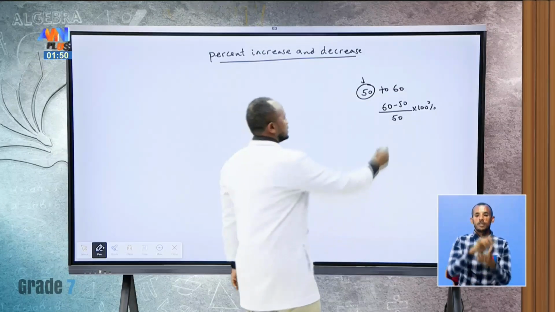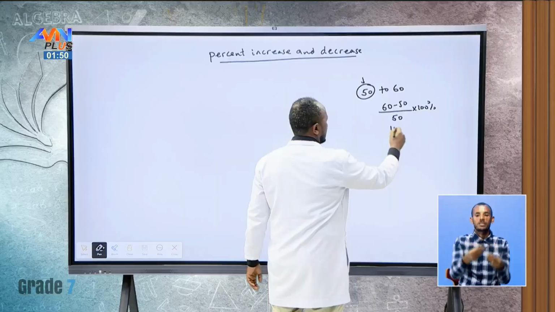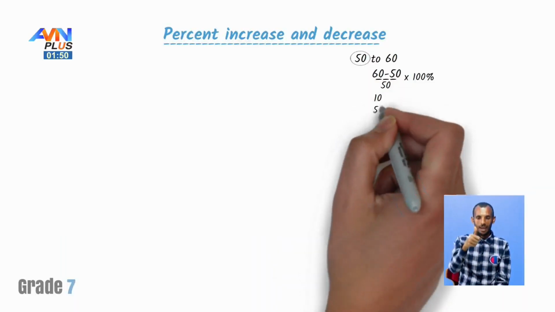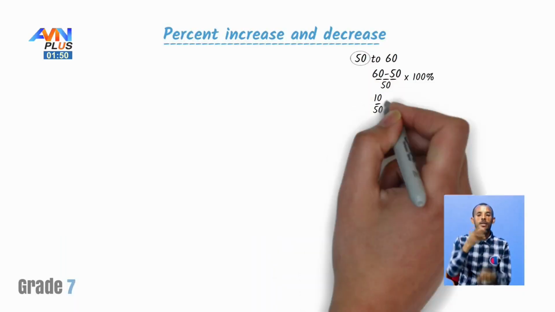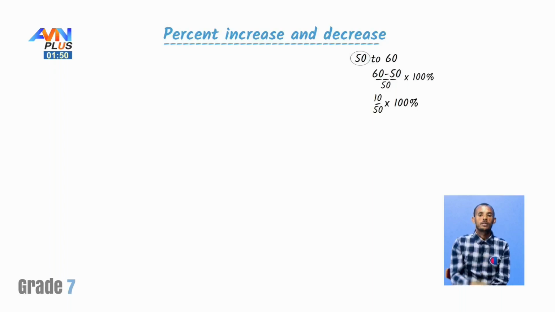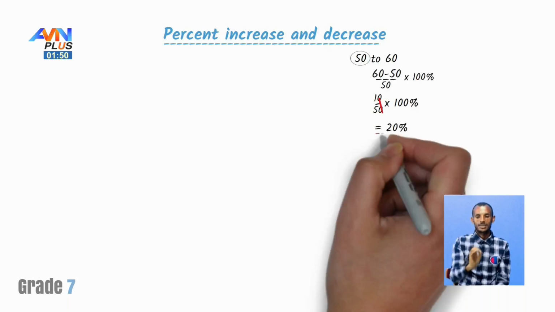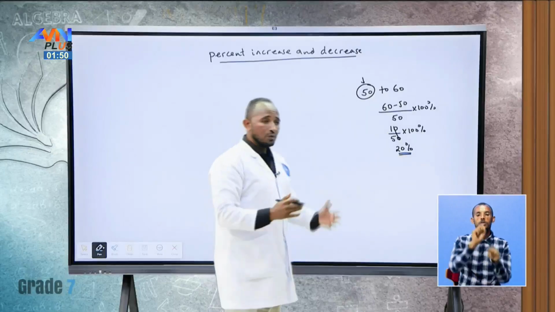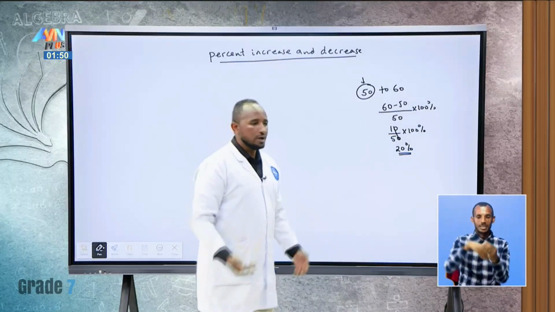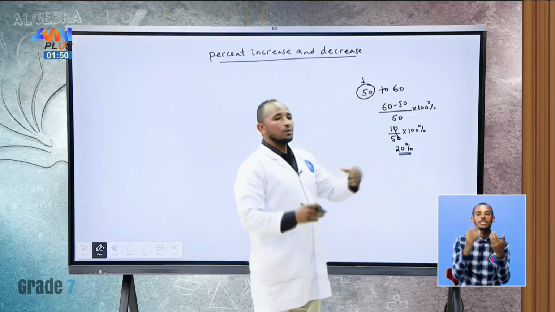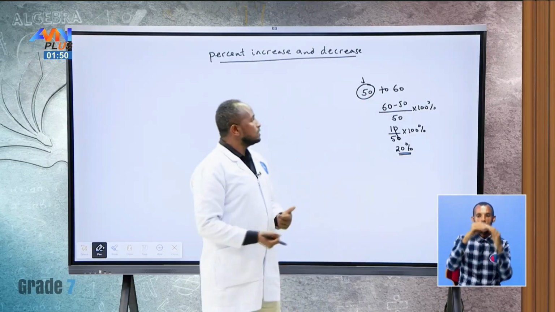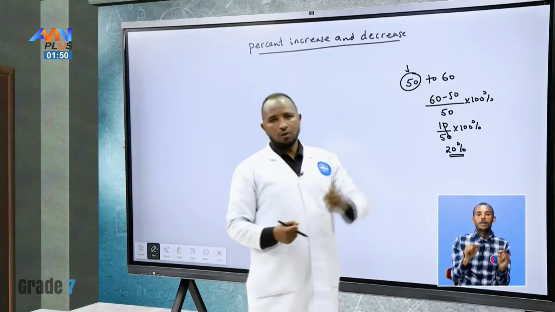This gives us 10 over 50 times 100%. This cancels out, 100 over 5 is 20, so 20% will be the final answer. So when you calculate percent increase, you calculate the increased amount and then divide by the original quantity.